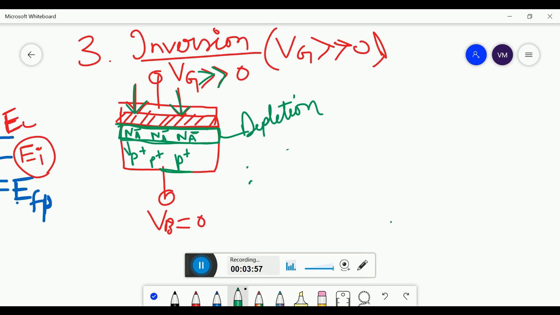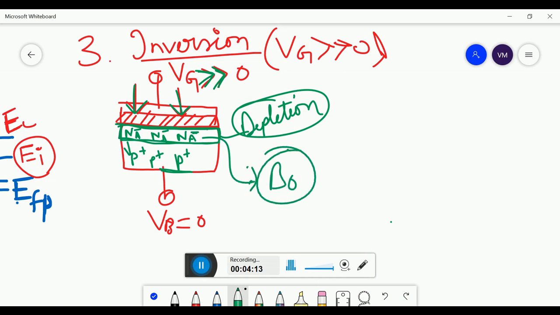So all the holes were moved downwards due to this high positive voltage. And what is left behind? The depletion layer. And what is inside the depletion layer? The negative ions of acceptor impurity, that is Na negative. Acceptor impurity can be anything, but the most abundantly used is boron.